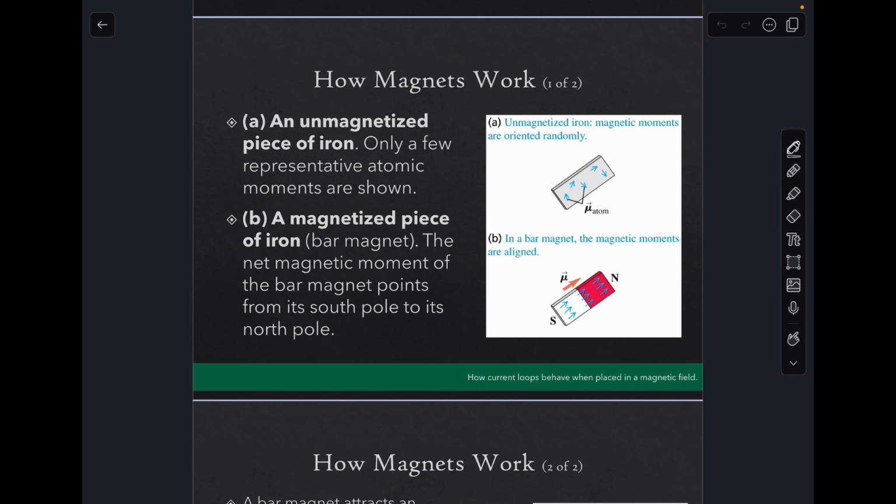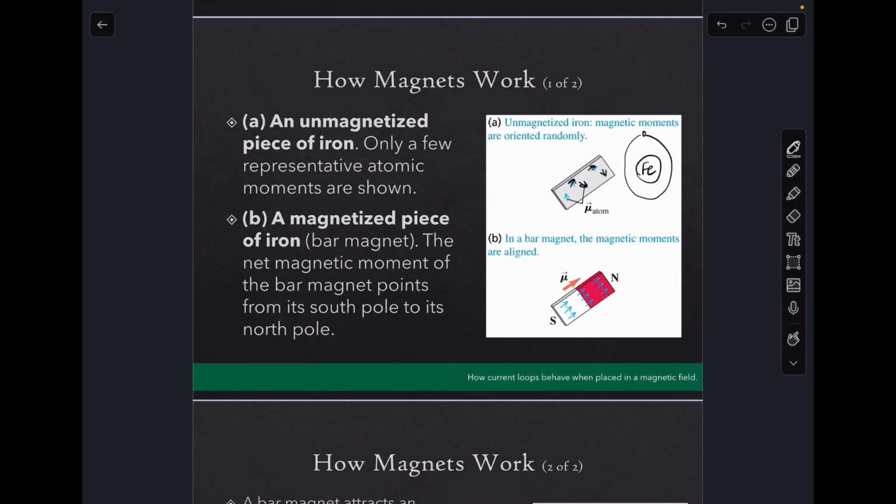Where are they from? Well, the charges that are moving in magnetized objects like iron are the electrons orbiting the atoms of the iron, okay? And so when you have an unmagnetized piece of iron, you have a bunch of little magnetic fields that are created by, let's see, this is the iron nucleus, okay? And then you have a bunch of electrons orbiting.